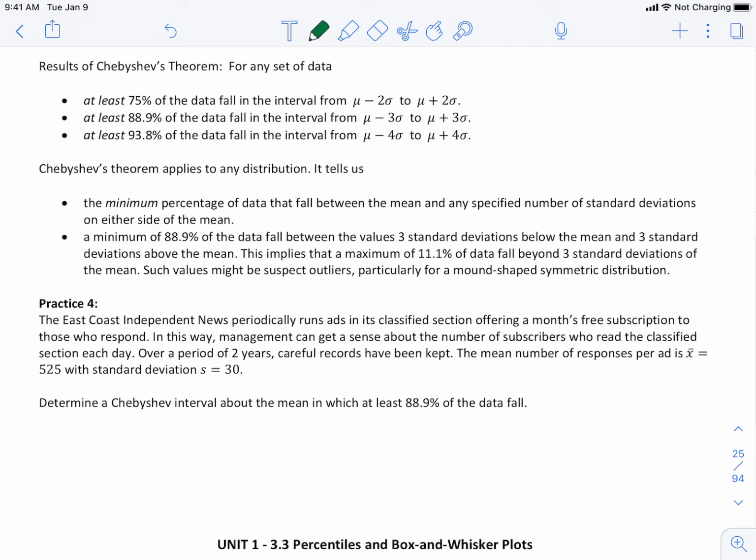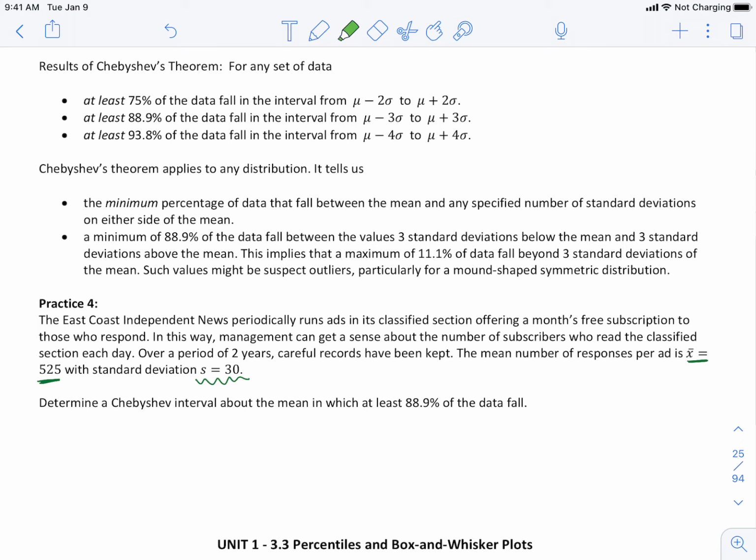The mean number of responses per ad is X bar equals 525 with a standard deviation S equals 30. So I'm going to underline these important facts that we have here. And it says determine a Chebyshev interval about the mean in which at least 88.9% of the data fall.